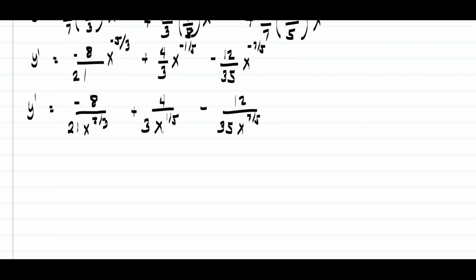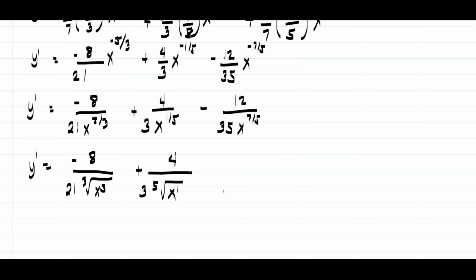And let us convert this one into radical form. So this is y prime equals negative 8 over 21 cube root of x raised to 5 plus 4 over 3 fifth root of x raised to 1 minus 12 over 35 fifth root of x raised to 7.